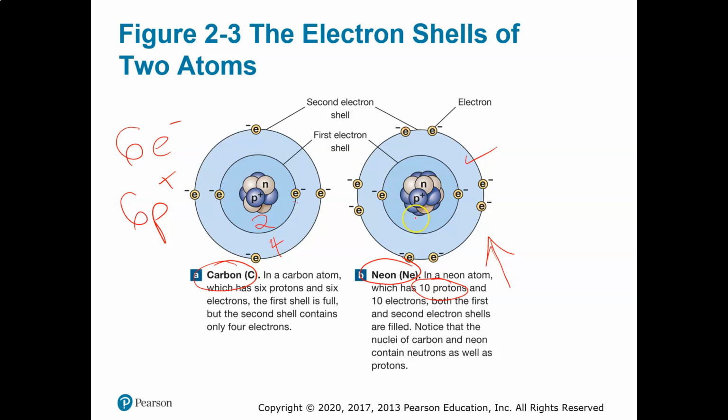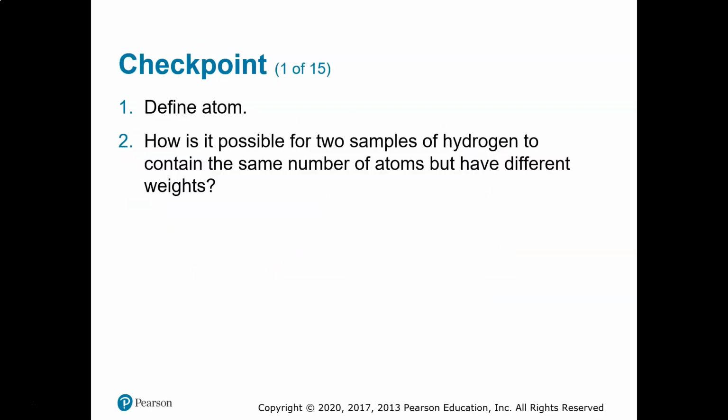So that makes it chemically stable. There are 2 in the first energy level, there are 8 in the second. That makes neon chemically stable, and it will not interact with other atoms and form chemical bonds.